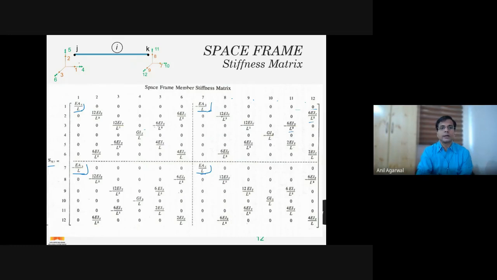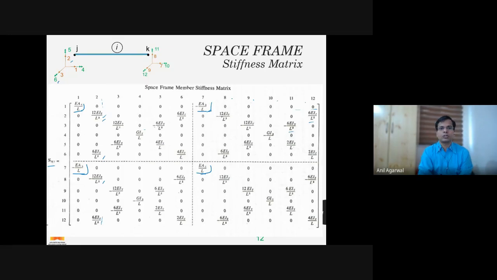But if you look at 2, then you will see that there is some interaction with other terms. Look at the degree of freedom 2. You will have terms of 2. Of course, if you want to introduce a unit deformation in 2, you have to apply some force in 2. That's why this term has to be non-zero. Plus also you have a relationship with 6. That means 2 and 6 are coupled. Then 8 and then 12.